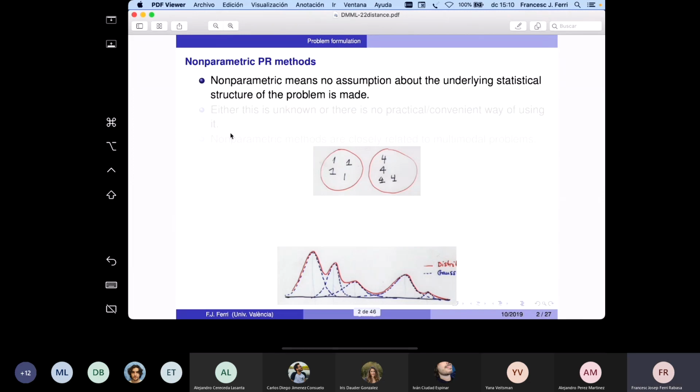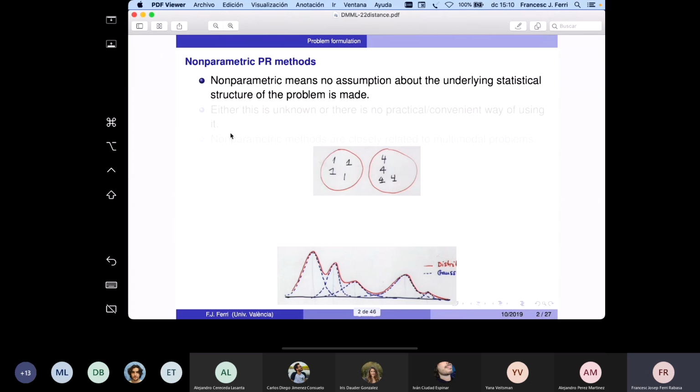These distance-based methods are inside what we call non-parametric approaches. Why non-parametric? Because we do not assume any form for the distributions.